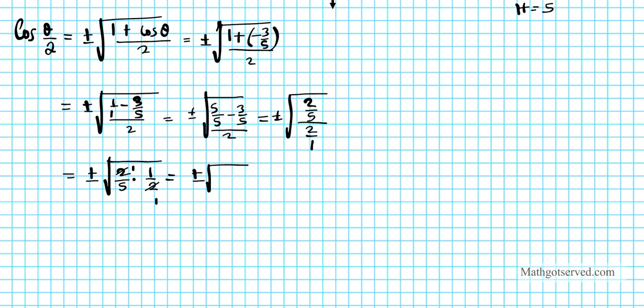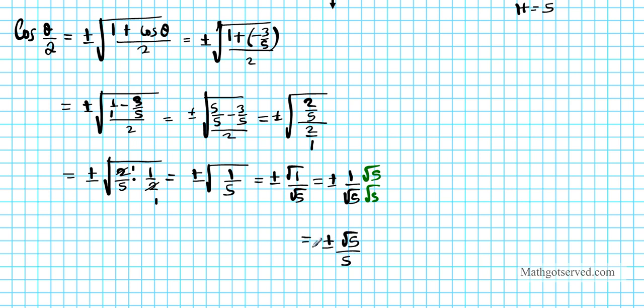So it becomes 1 over 5. All right? We're going to divide up the radical to the numerator and the denominator. So that becomes plus or minus 1 over root 5. And if we rationalize the denominator, root 5, we're going to have plus or minus root 5 over 5.